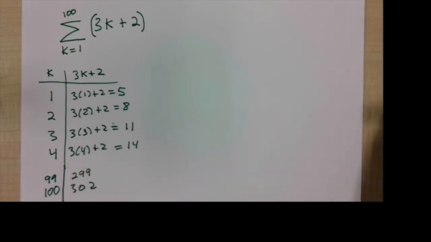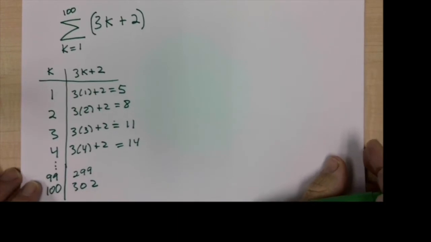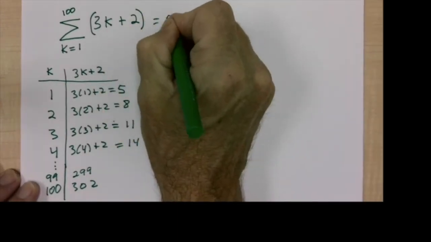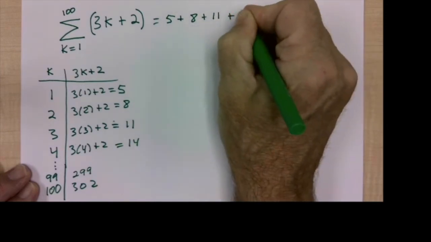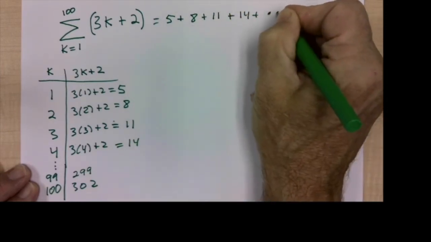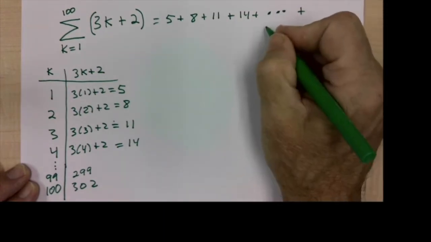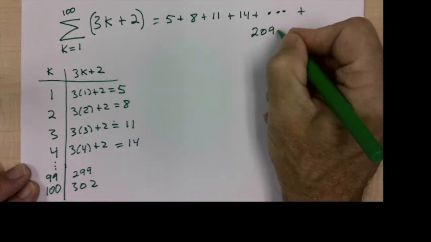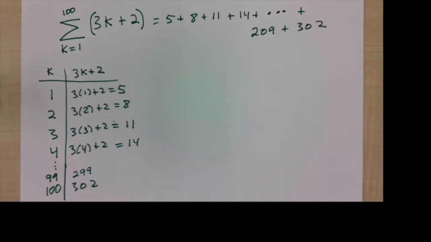So I want to add all of these together. This is 5 plus 8 plus 11 plus 14 plus dot dot dot plus 299 plus 302. So we have a total of 100 numbers in the list.